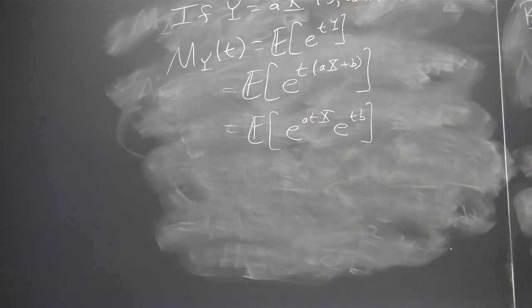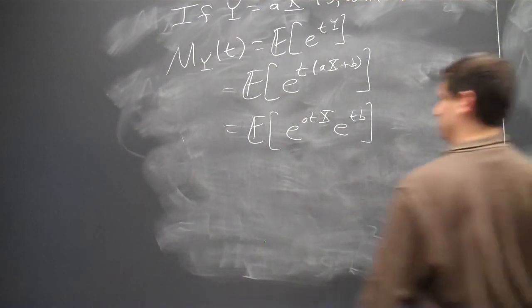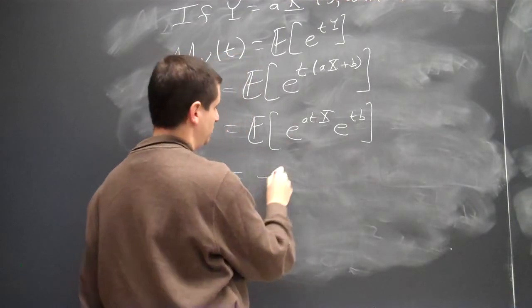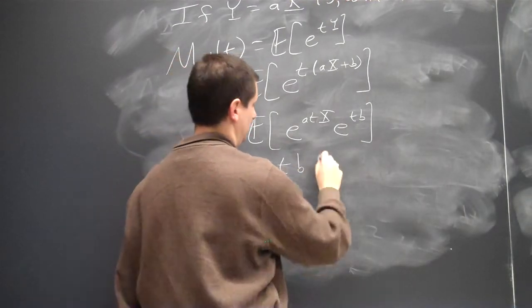But linearity is more than just sums. Linearity is sums and constant multiples. So what's the constant multiple here? Which one is constant? e to the tb. So t is a fixed number, b is a fixed number. All I'm doing is taking my expected value and multiplying it by a fixed number. That's not a problem. That's just e to the tb.